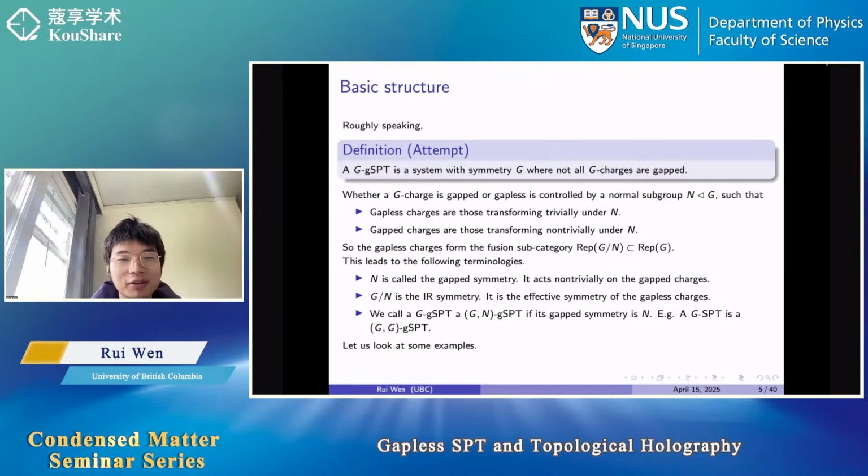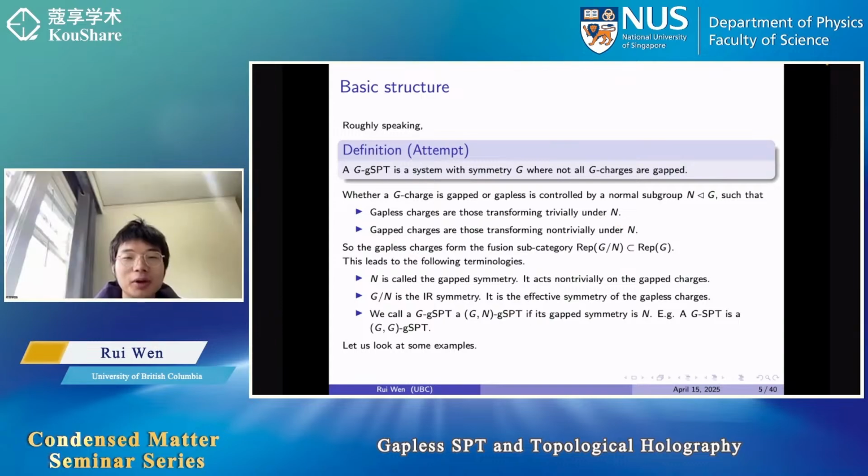Actually, I think I need to also impose this condition, because I cannot provide a proof that this is always true. That is, the gapless charges always form a fusion subcategory. It could be that it's not closed under fusion. So I do require this structure that there is a normal subgroup that controls whether a charge is gapped or gapless.